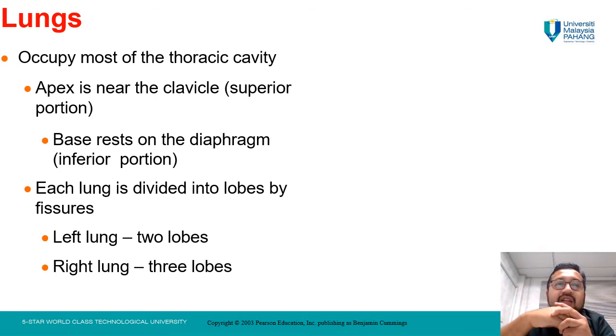The left lung has 2 lobes, while the right lung has 3 lobes.